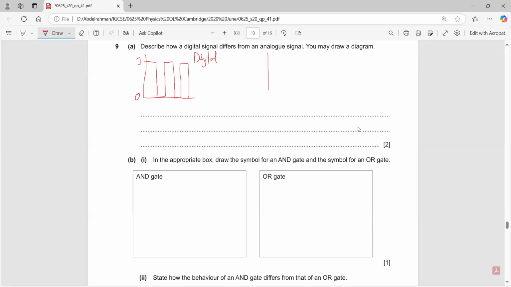An analog signal would have values ranging from whatever value to whatever value, but it's a continuous range.